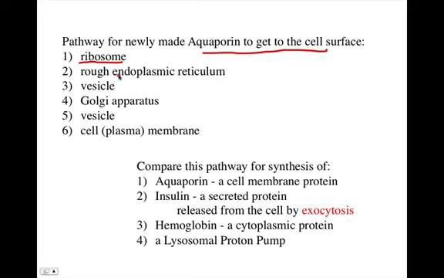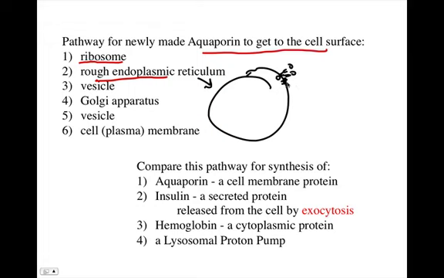Then the signal peptide causes the ribosome to be delivered to the rough ER. The rough ER has a membrane, a phospholipid membrane, and it now has donuts of aquaporin floating in it.